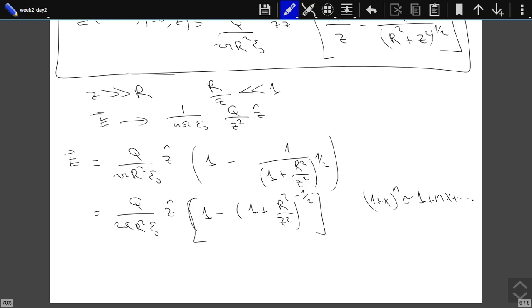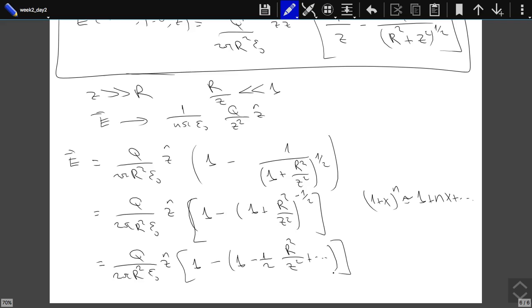The other ones will give negligible corrections. In our case, r over z is very, very small, so it will be enough to keep one term. This is equal to q over 2 pi r squared epsilon 0 in the z hat direction, times 1 minus 1 minus 1/2 r squared over z squared, plus other terms that I ignore.